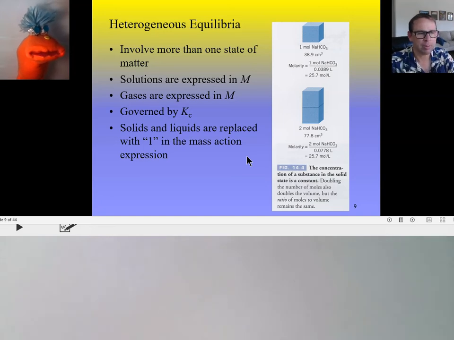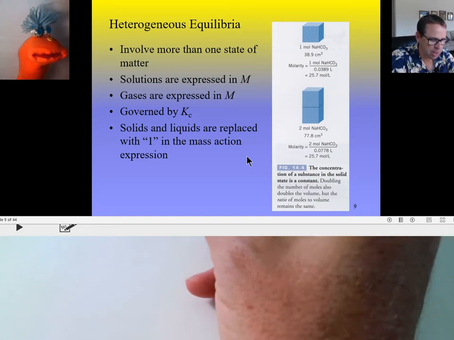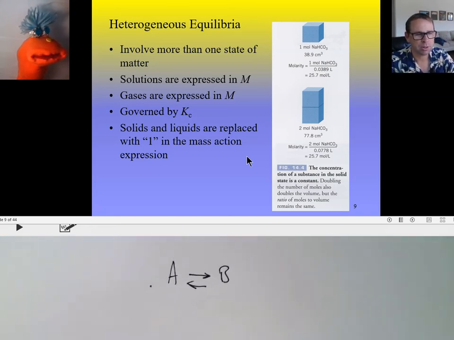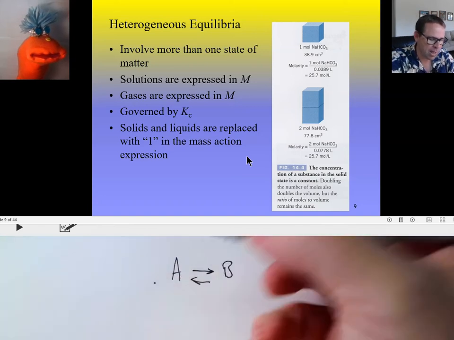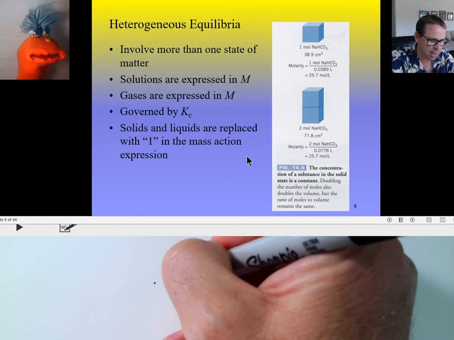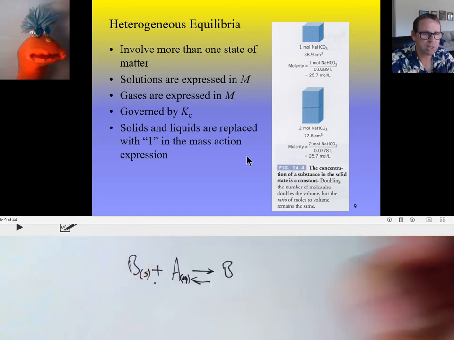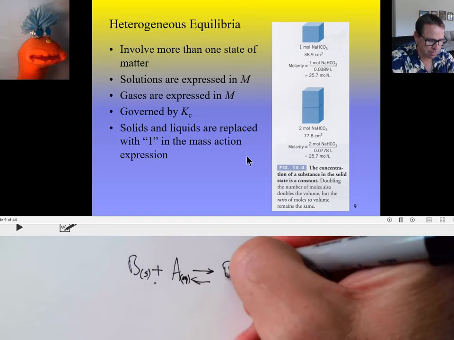All right, now, equilibrium occurs, right? Reactions go from A to B. If I have a reaction, though, where A, which is, let's say, aqueous, is combining with B, where B is a solid, that changes this reaction.